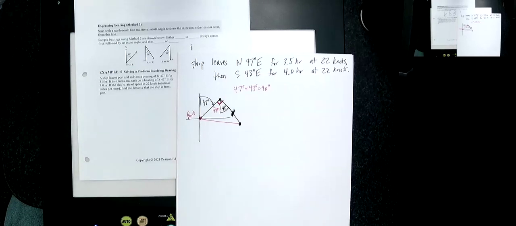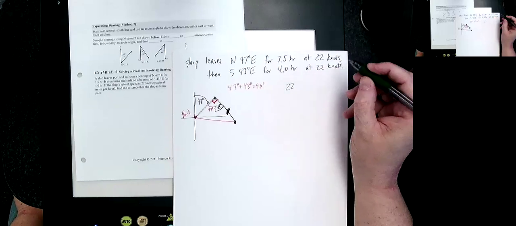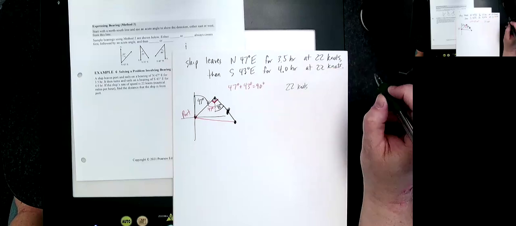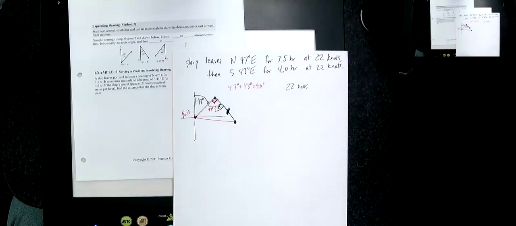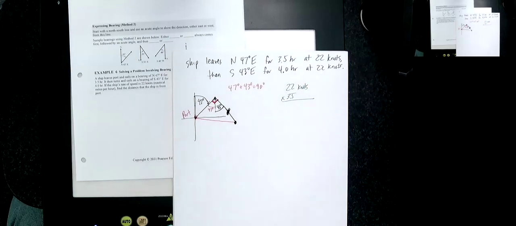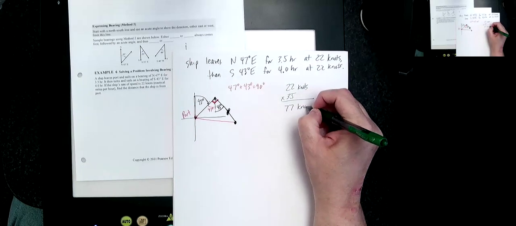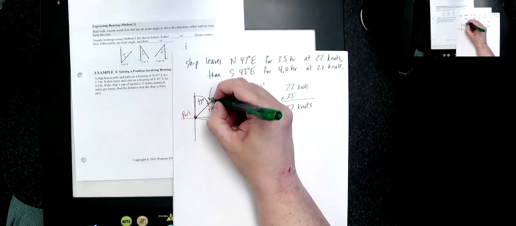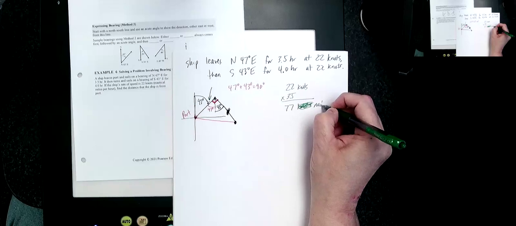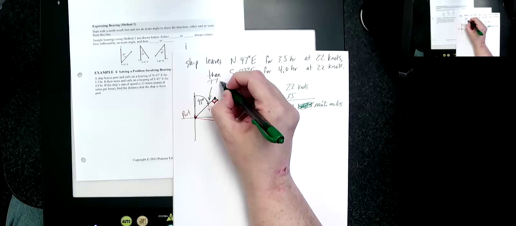And our first side, they went 3.5 hours at 22 knots. Knots is per hour, so 22 times 3.5. 22 is 66 plus 11 is 77. Not knots, nautical miles. So we'll say 77 miles.